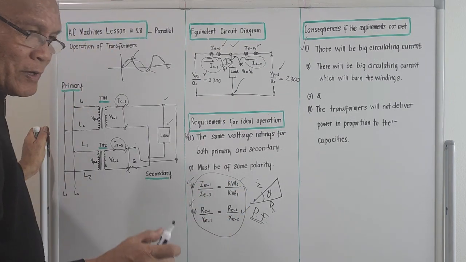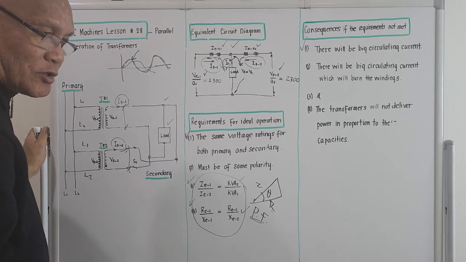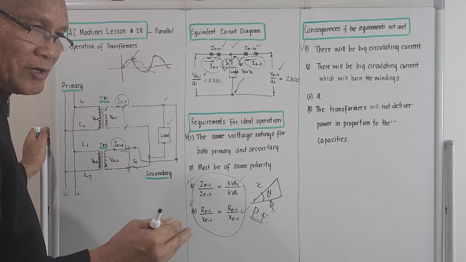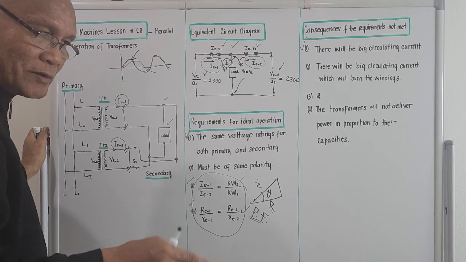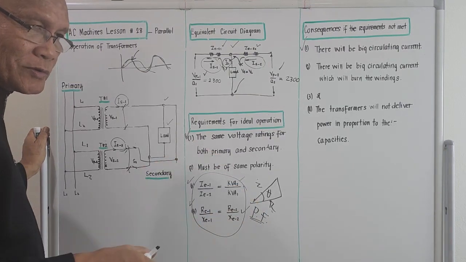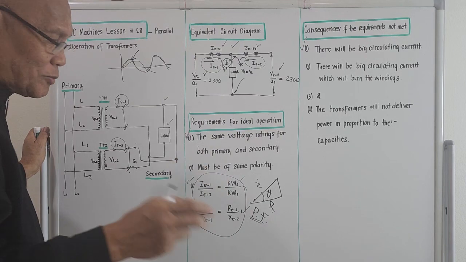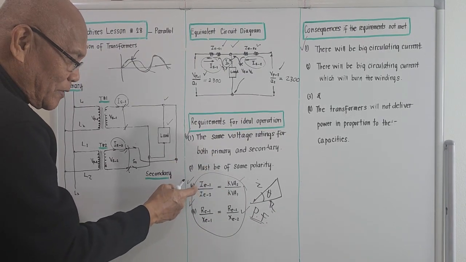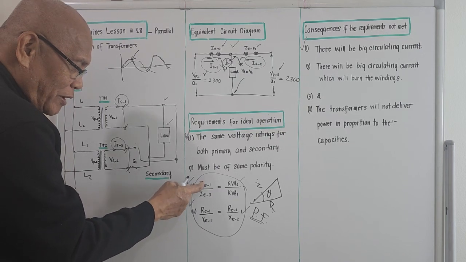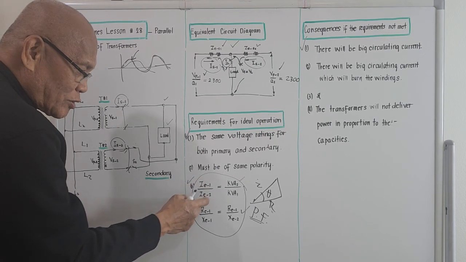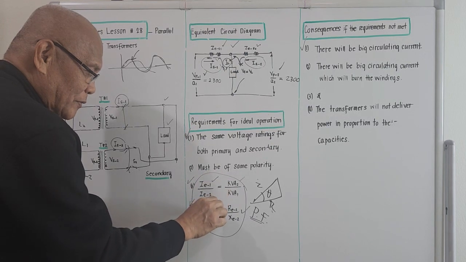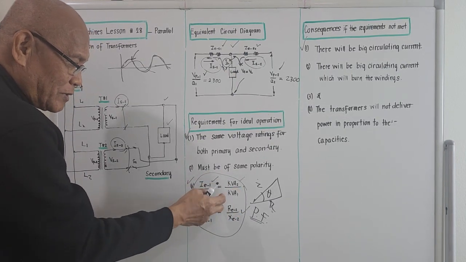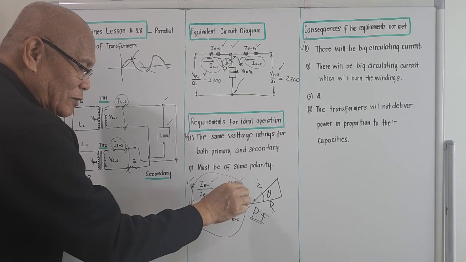That's why the impedances of transformers are actually determined, right? It's from the short circuit and open circuit test that we could determine those values. So if you know those values, we know the ratio of ZE1 over ZE2. If we don't know it, we don't have a relationship for the impedances with respect to the apparent power.